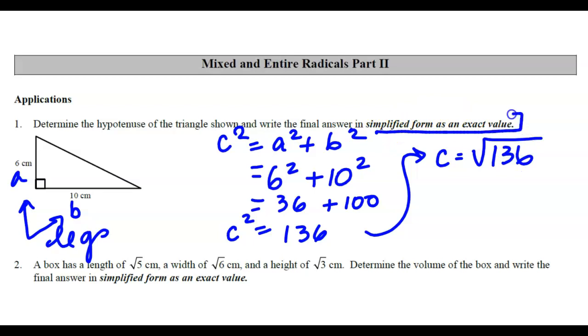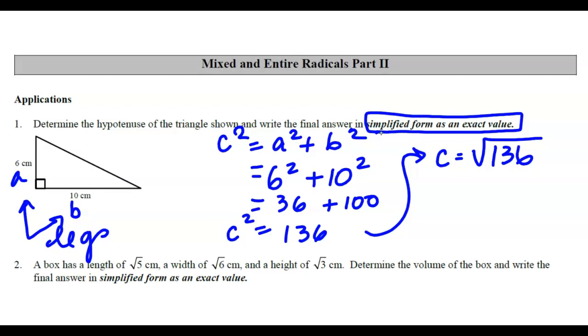And it says simplified exact value. So an exact value is not a decimal that doesn't repeat or terminate. So putting 136, taking the square root in your calculator does not give you the exact value. That is exact, but it's not simplified.